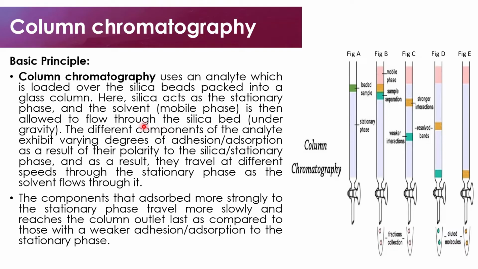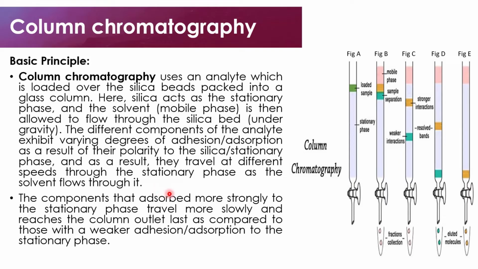The different components of the analyte exhibit varying degrees of adhesion or adsorption to the silica as a result of their polarity, and as a result, they travel at different speeds through the stationary phase as the solvent flows through it, as shown in this chromatographic process.